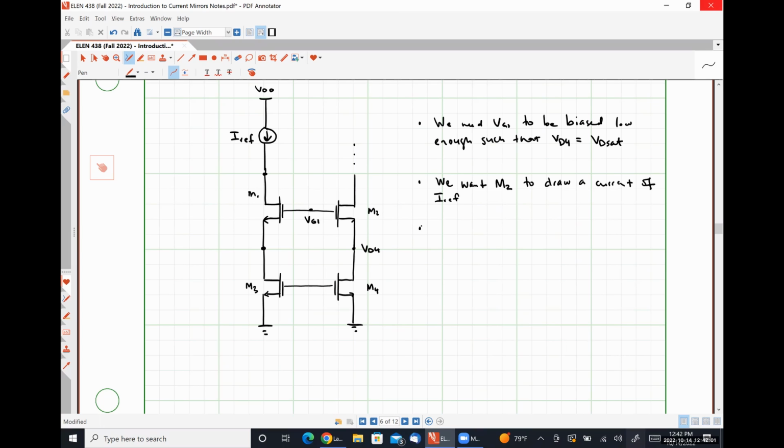And third, we want our voltage VD2 at this node right here to be as small as possible in order to maximize headroom.